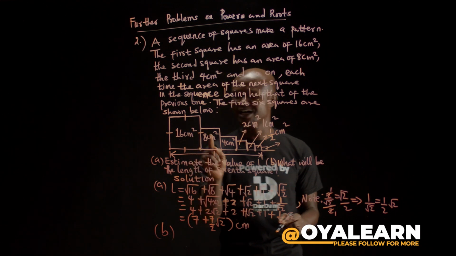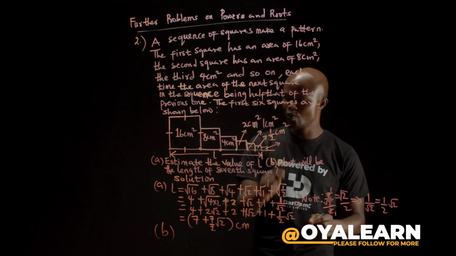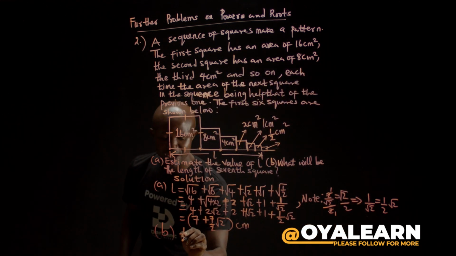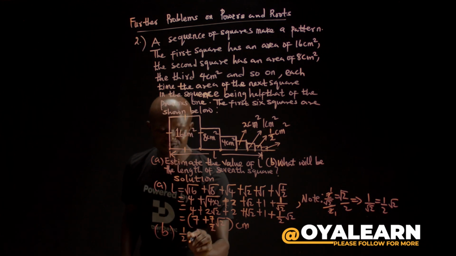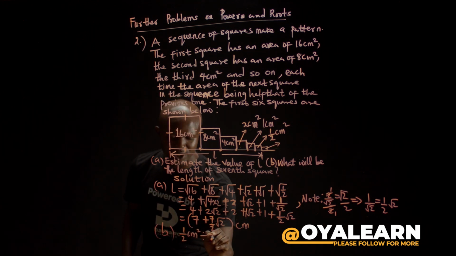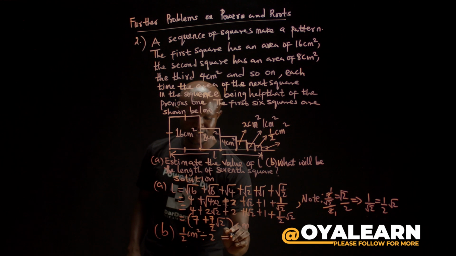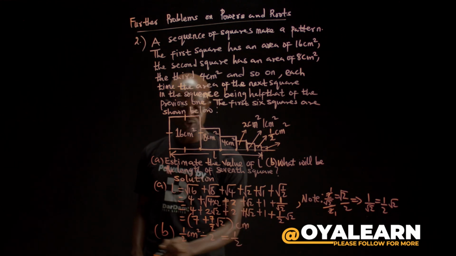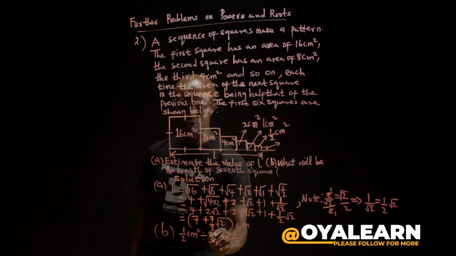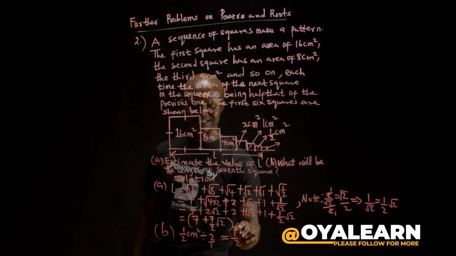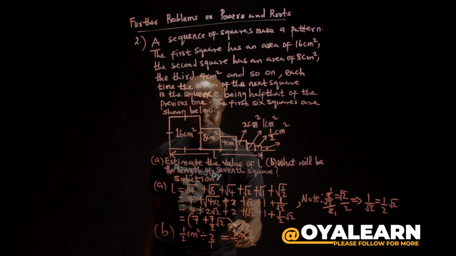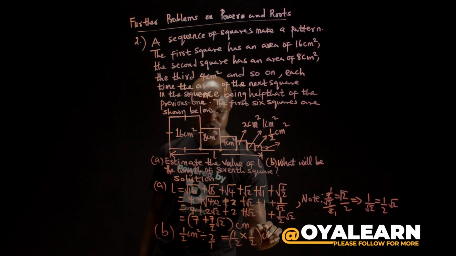We are dividing by 2 to get the next one. So we just divide this half centimeter square by 2. If you divide by 2, what are we going to have? That's 1 over 2 divided by 2 over 1. Don't forget centimeter square.